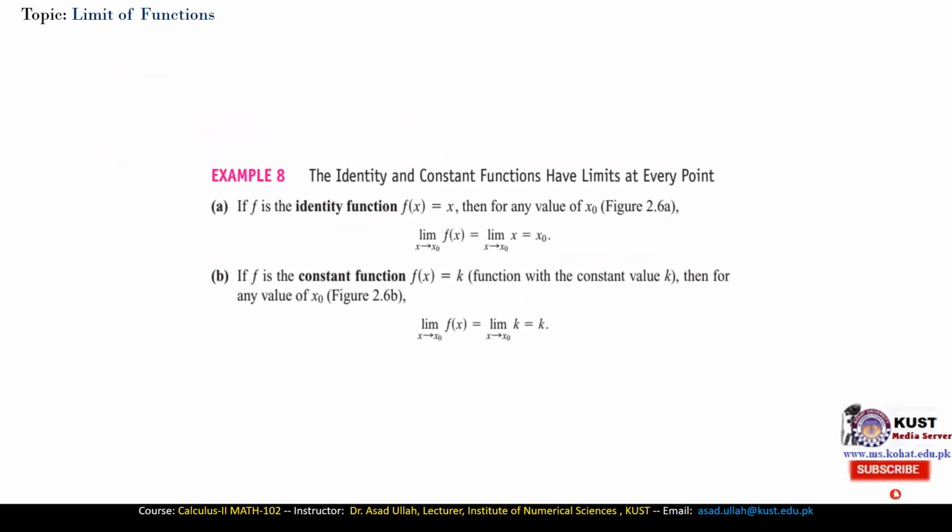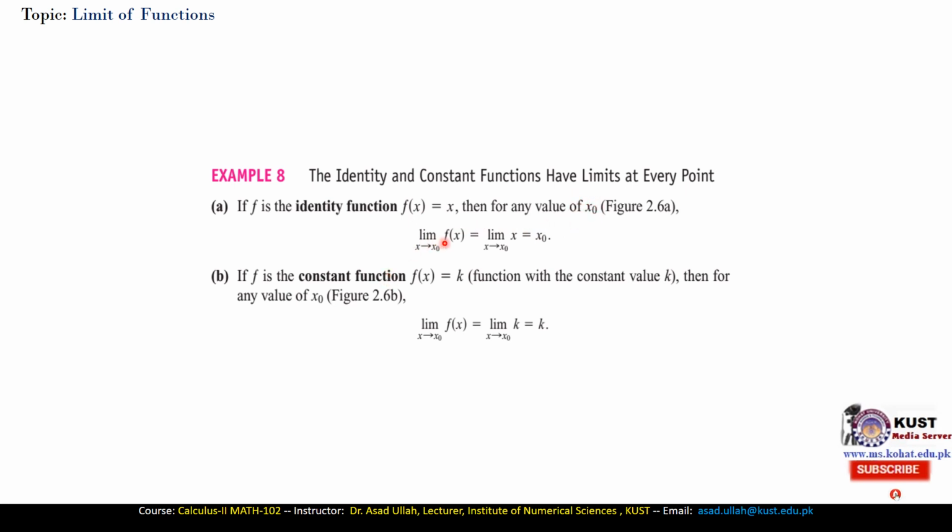Now what will be the limit of the identity function and the constant function? I am explaining this by using example number 8. In part A, we have a function f of x is equal to x. This is an identity function, and we are to find the limit of this function at the point x naught.